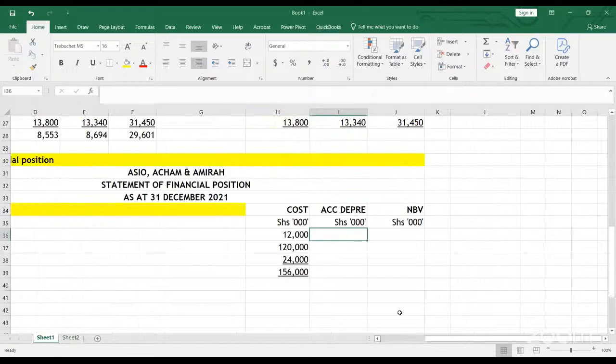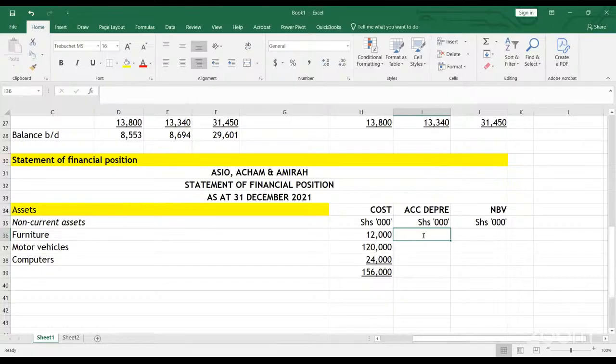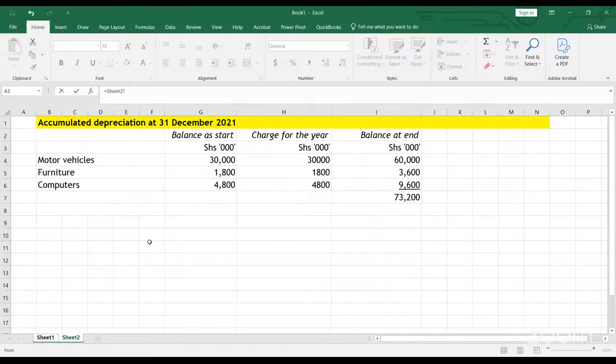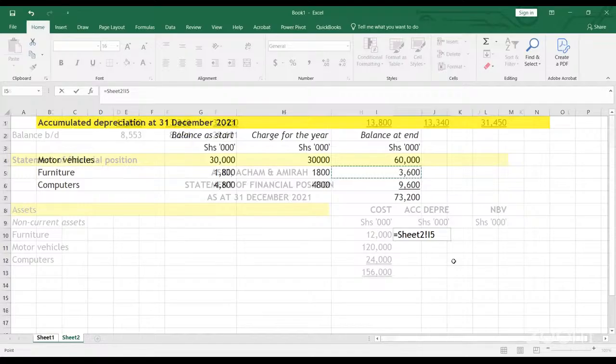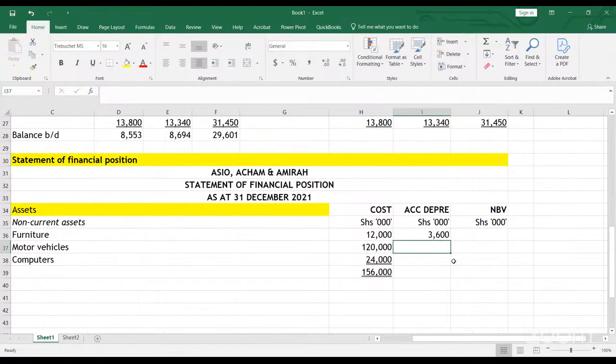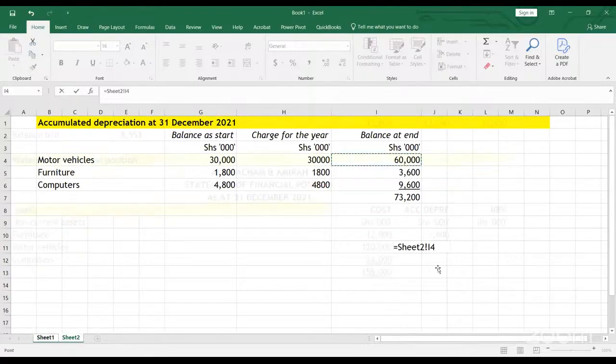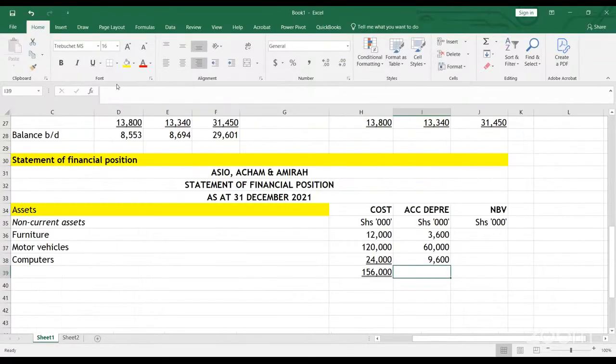Accumulated depreciation for furniture is this, then for the motor vehicles it's that. You add the balances brought down, then you add the depreciation charges for the year to get your accumulated depreciation as at the end of the year.